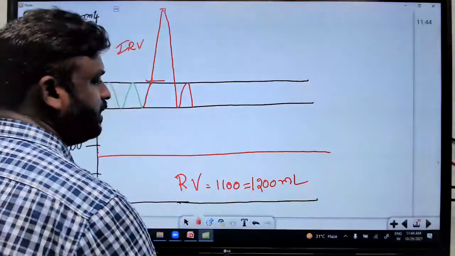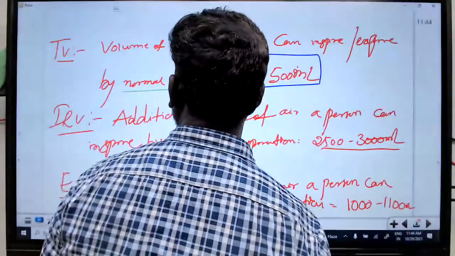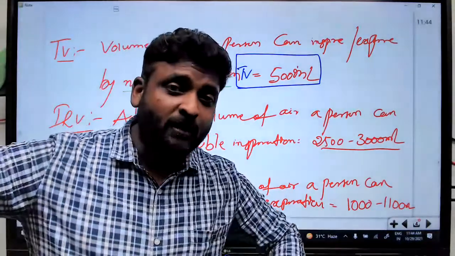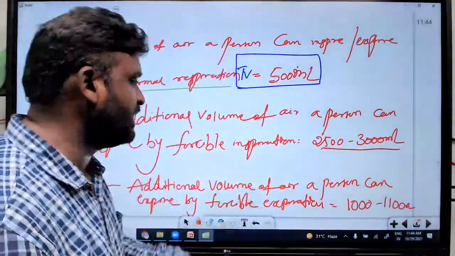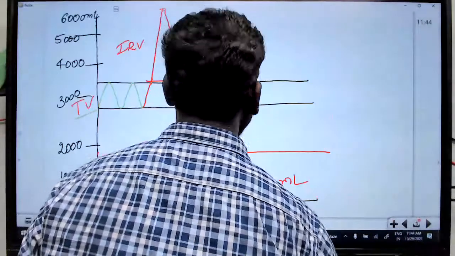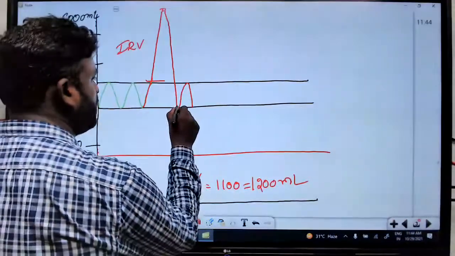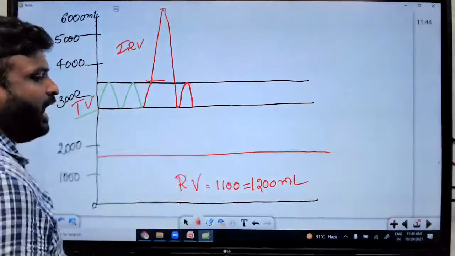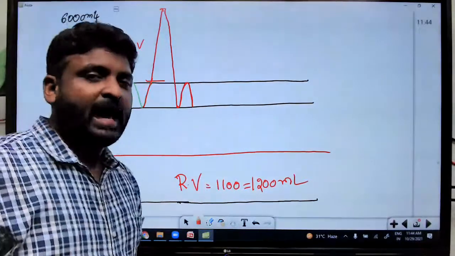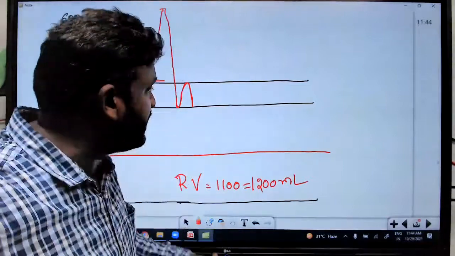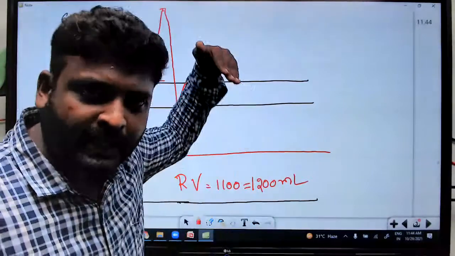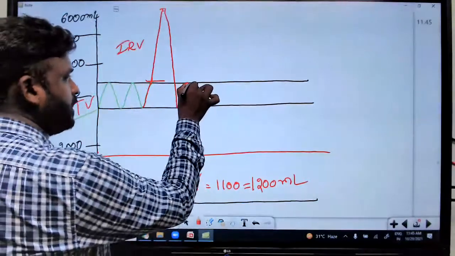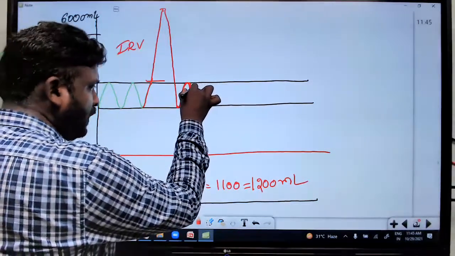Okay, then we go to the previous one, what we were reading about, ERV. That's forcible expiration. It is the additional volume of air a person can expire by forcible expiration, so definitely it should go downwards, right?